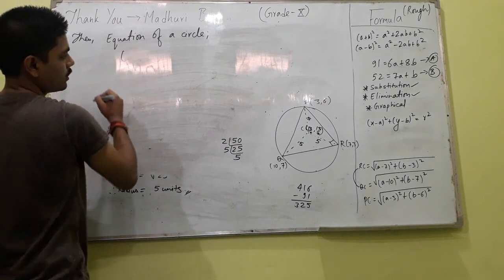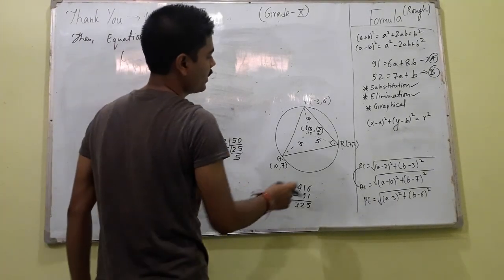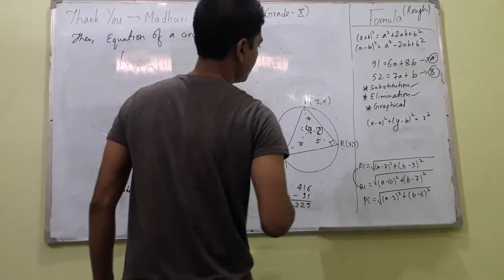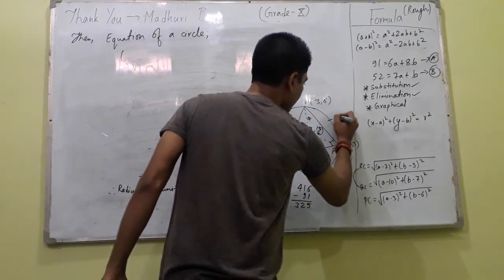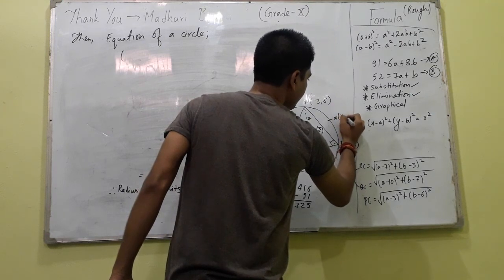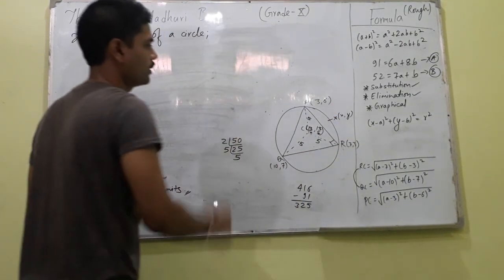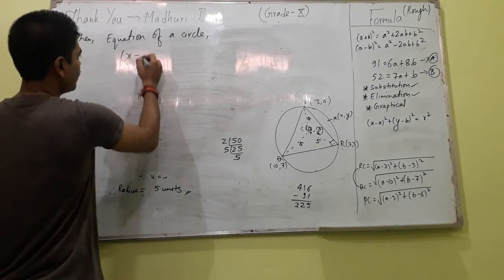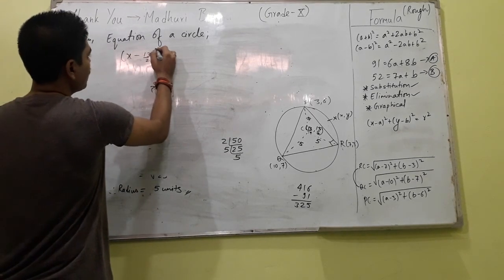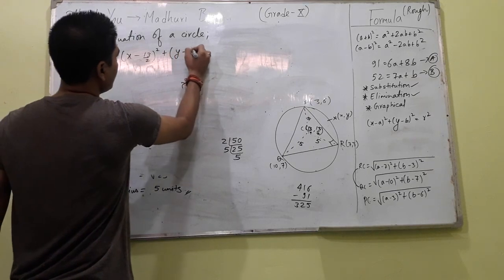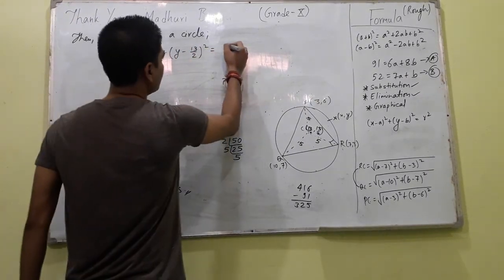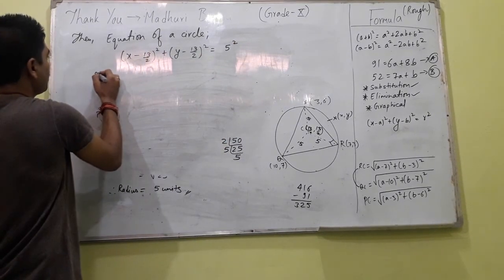So x is any point. You can take P, or you can take any point here, that is x and y, any point on the circumference of a circle. So x minus a is 13 by 2 whole square, and y minus b is also 13 by 2 whole square, and radius is 5 units, so 5 square.